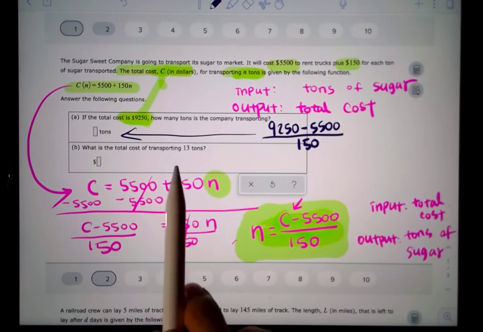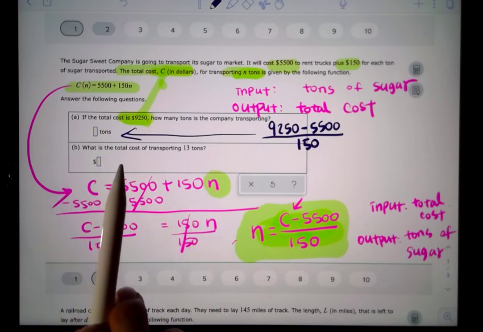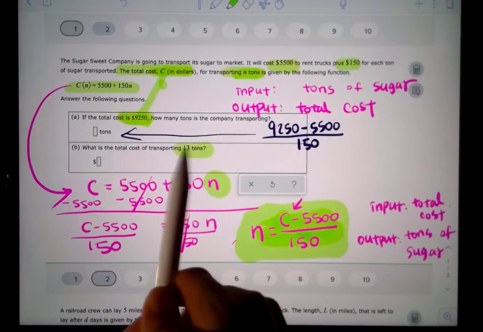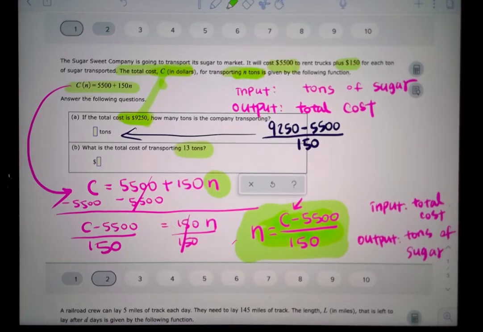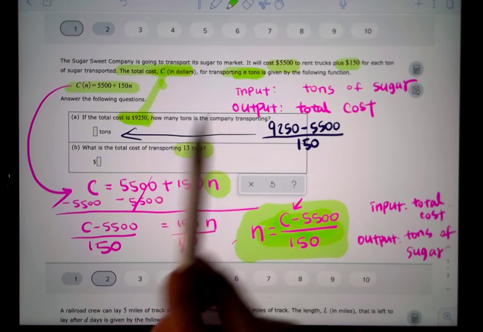And then for B, what is the total cost of transporting 13 tons? So this time, what do you have? 13 tons. Then where do you put this number, N or C?